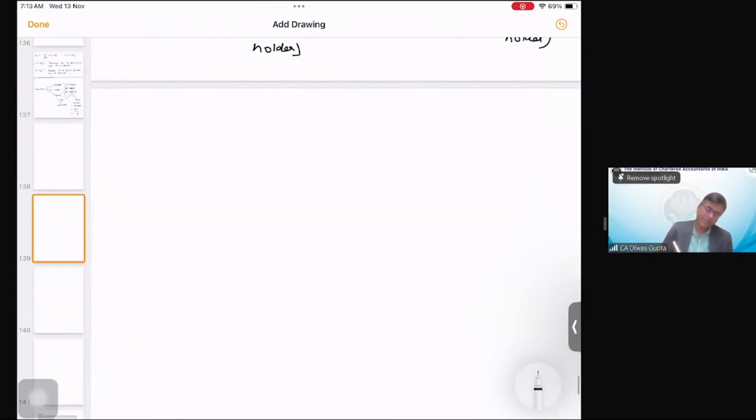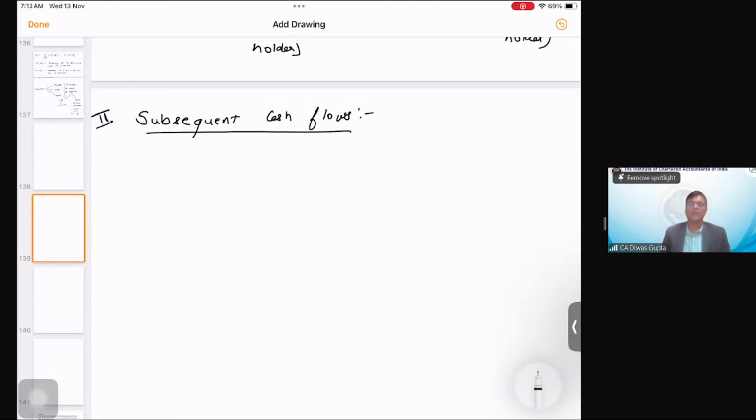Now let's talk about their subsequent cash flows. Now, students, for subsequent cash flows, we might have to assume different scenarios, right?